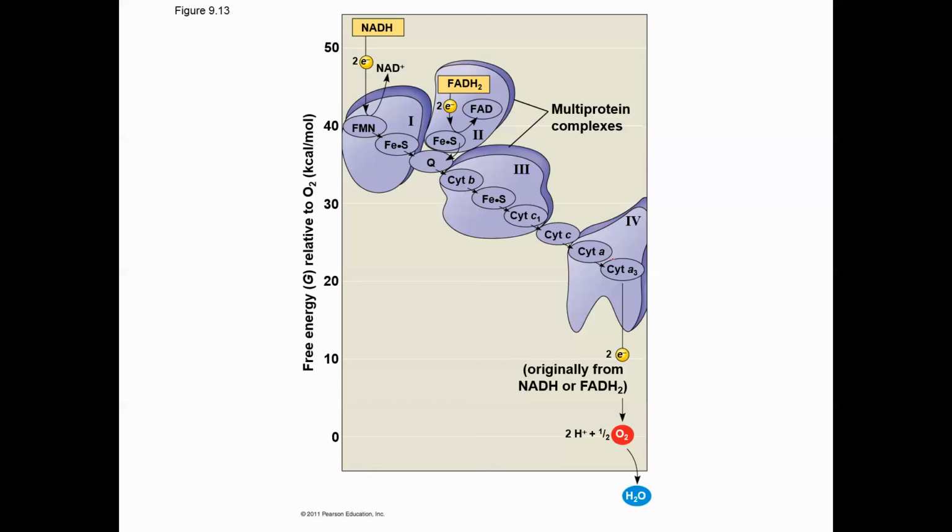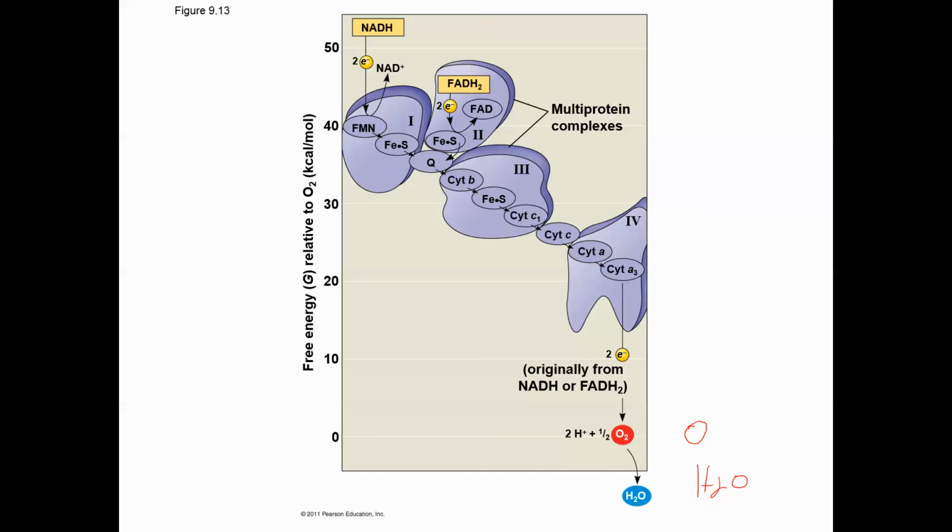So at the very end of this, we have half of an O2, so 1 O waiting here, and these electrons as well as hydrogen join this O, forming H2O at the very end. This is the oxygen that you breathe. This is why you breathe oxygen, is to power the electron transport chain.